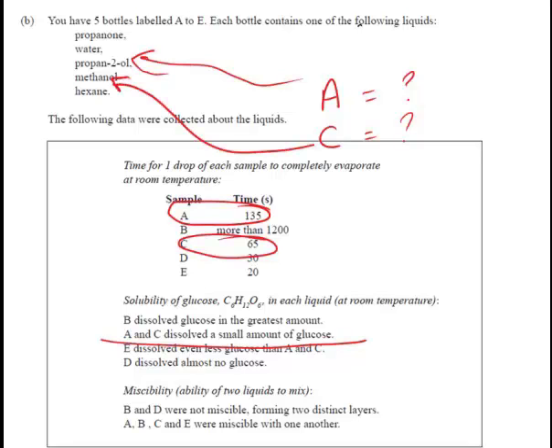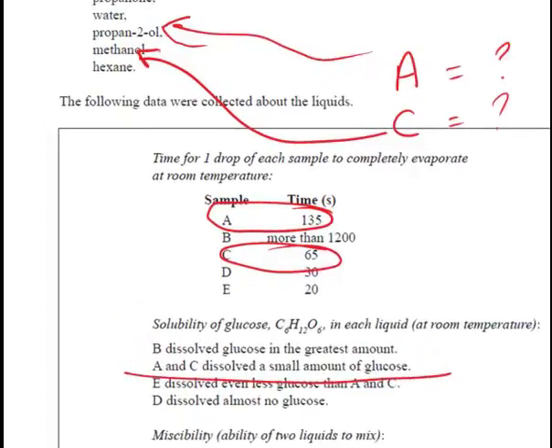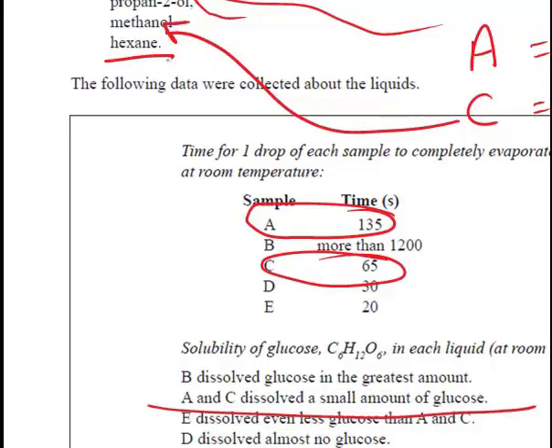Now, in explaining this through, I've gone through the thought process, but you really need to explain this in a bit more detail. So when you're talking about hexane, for instance, you talk about the fact that it's immiscible with water and doesn't dissolve glucose, that it's a non-polar molecule, and that the length of time it takes to evaporate gives you an idea of the strength of the bond.